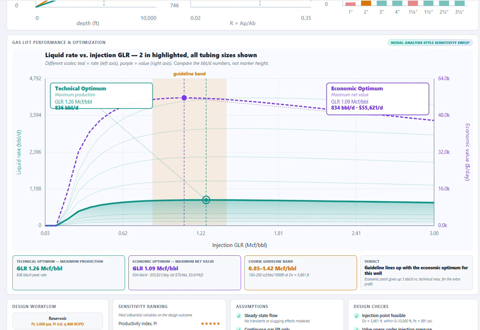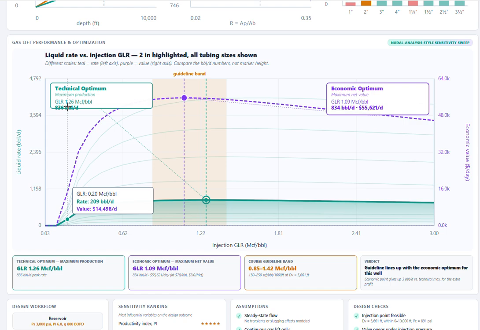If the economic optimum produces 843 barrels per day, and the technical optimum produces 836 barrels per day, would you spend additional gas and compression power to gain only 2 extra barrels per day?